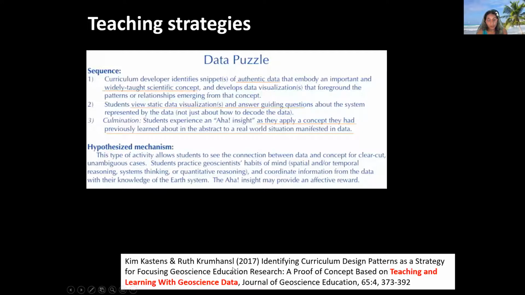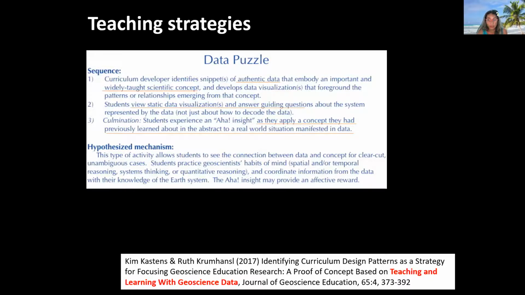Kastens and Krumhansl in 2017 published a really nice summary of how to identify curriculum design that fits the different strategies for education, with specific emphasis on the geosciences. They showed six different examples of how to use data in teaching, starting from a relatively simple example, where you use authentic data to reinforce a widely taught scientific concept.